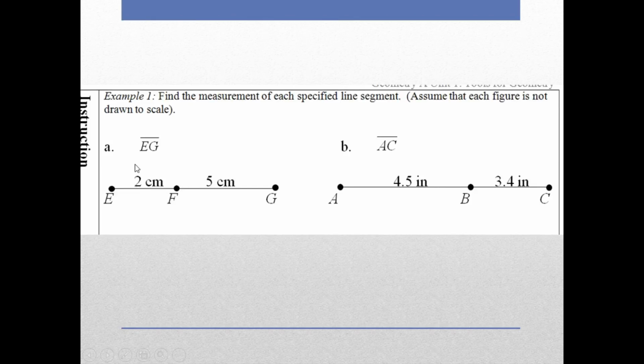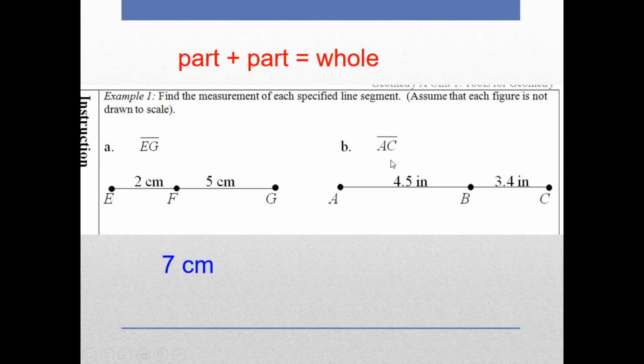So all we're looking at here is first, what's the name of the segment? So we're looking for the length of EG. So based on the part plus part equals whole format, EG is EF plus FG, so 2 plus 5, or 7.